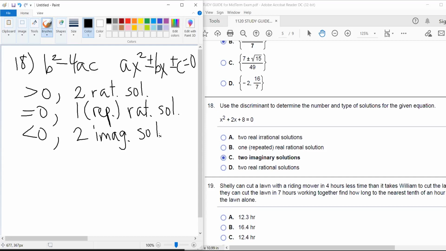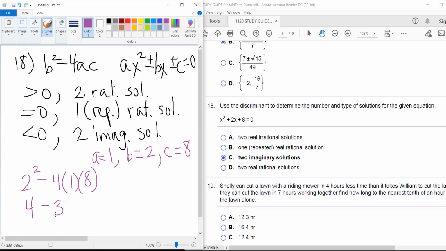So when we plug in, let's identify A, B, and C. So A is understood to be 1. B is 2 and C is positive 8. So when we plug everything in, we got 2 squared minus 4 times 1 times 8.